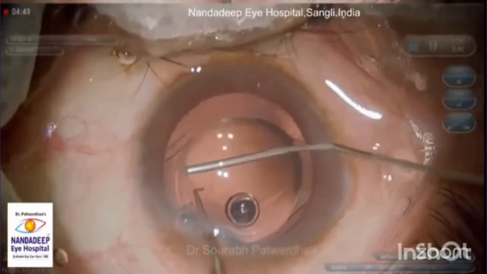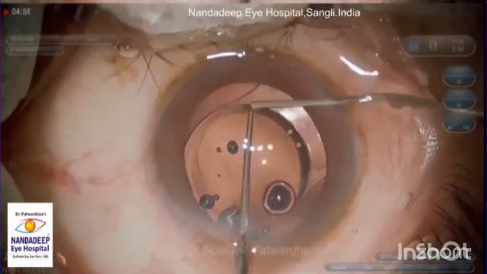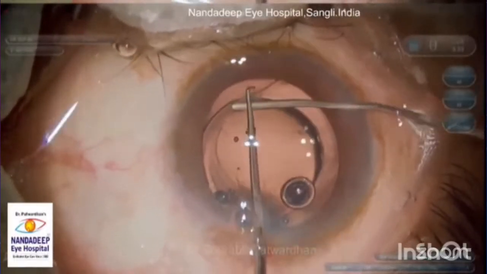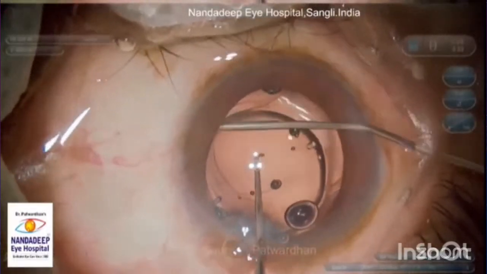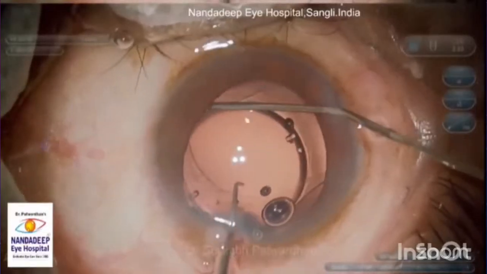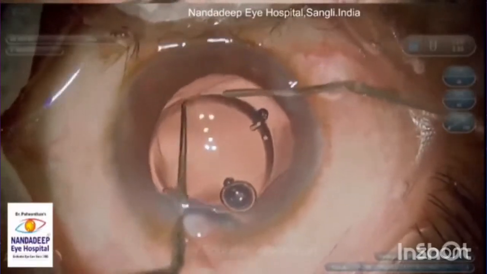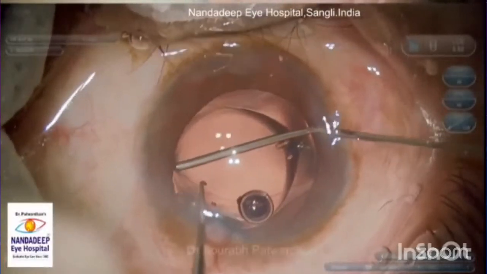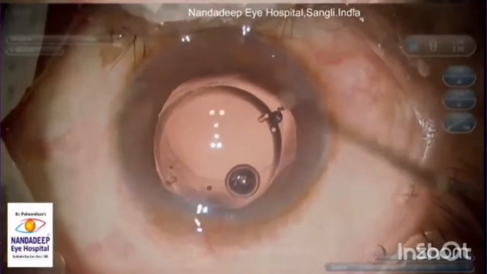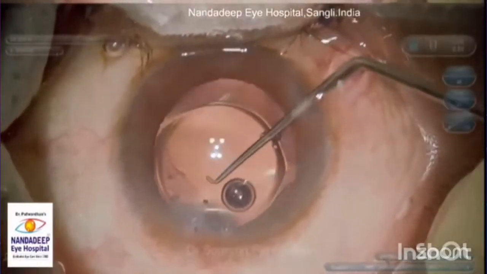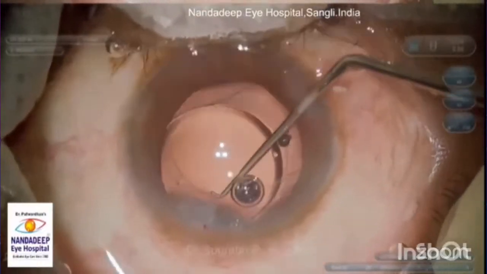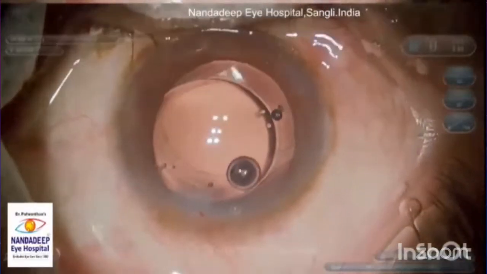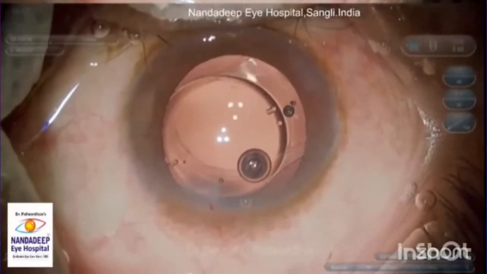A little amount of viscoelastic was injected below the capsule to aid the early separation. And now the separation is confirmed.